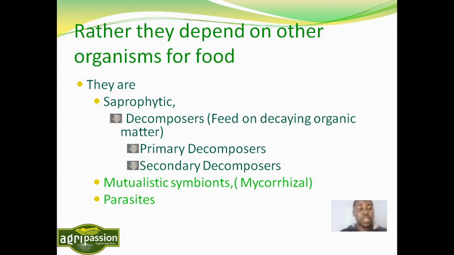We go to the secondary decomposers. The secondary decomposers come after some action has been done by the primary decomposers. It could be the fungi or it could be the bacteria. That's why you've got some types of mushrooms that require a pre-decomposition of substrate before you can grow them in a particular substrate.